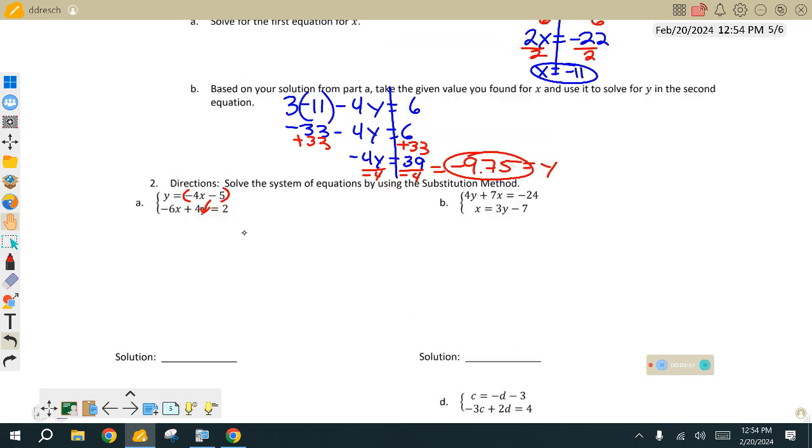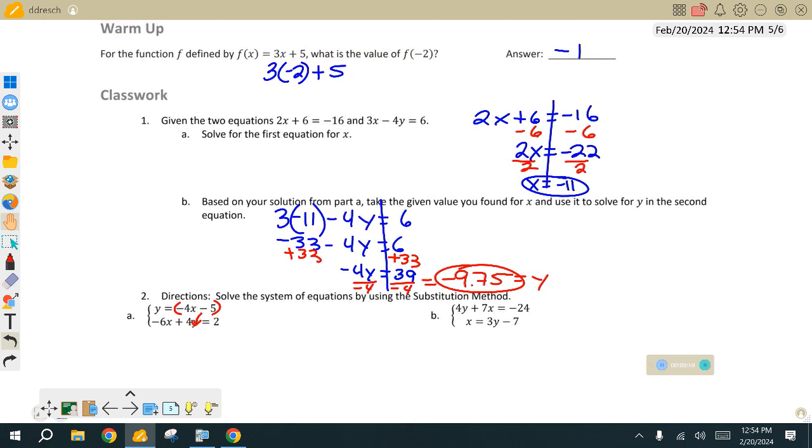Just like we did right here. That negative 2 bumped out that x. Krista said to start off today with 3 times negative 2. X replaced the negative 2. Here, x was negative 11.